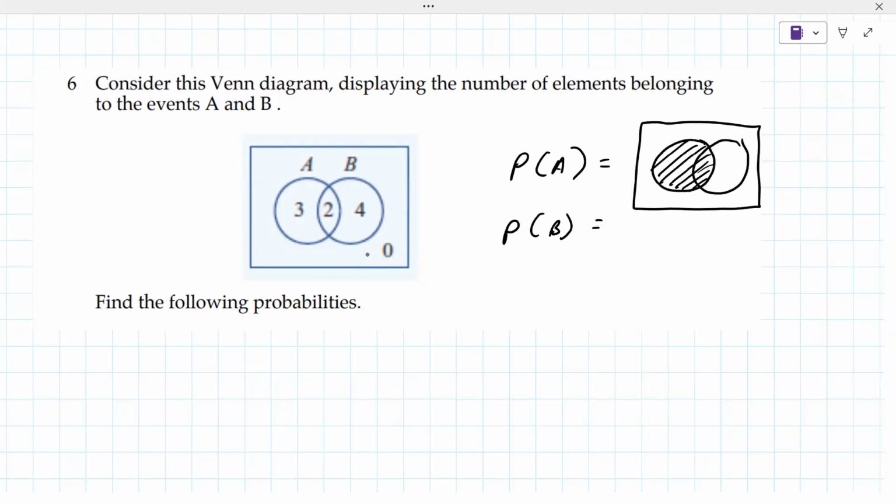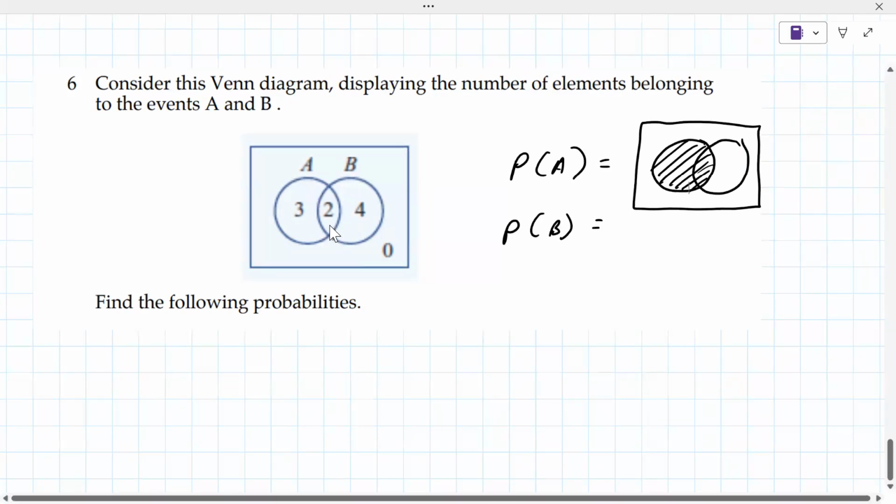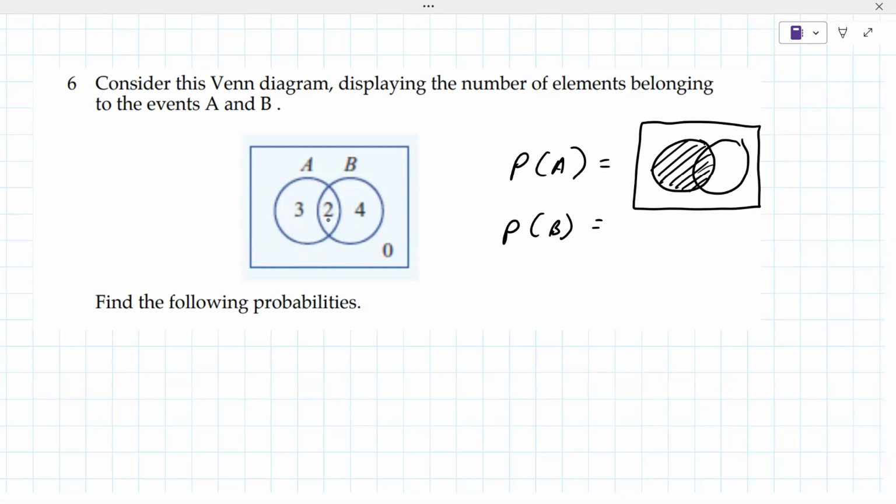So do you want to change your answer? Is this because this 2 is part of A? Oh, so it wouldn't be 3, 2, and 4, it would just be 3 and 2. Yes. Okay, so it would be 5 out of 9, or 5/9, good.